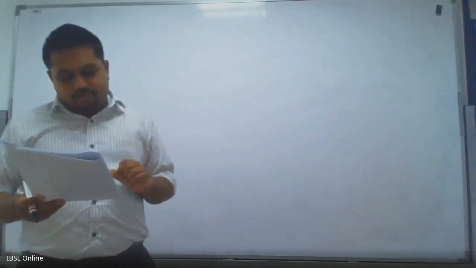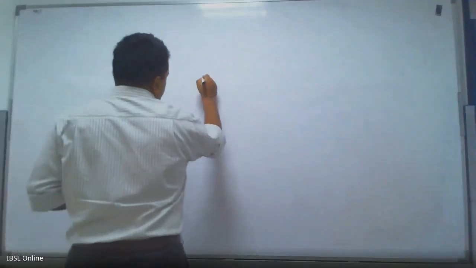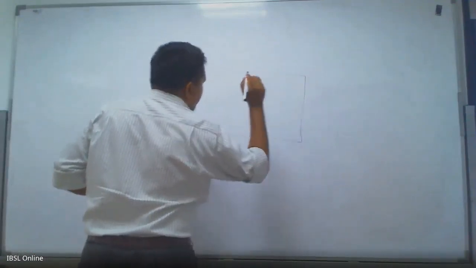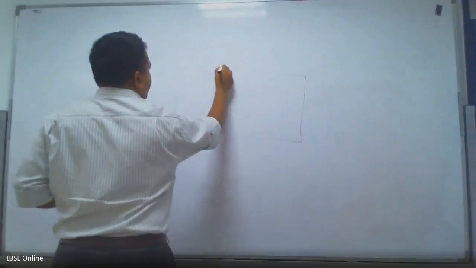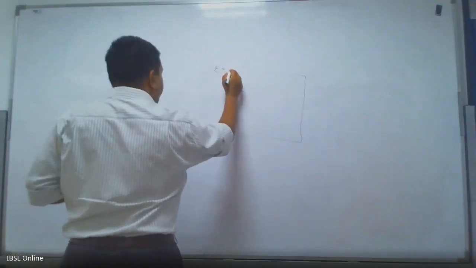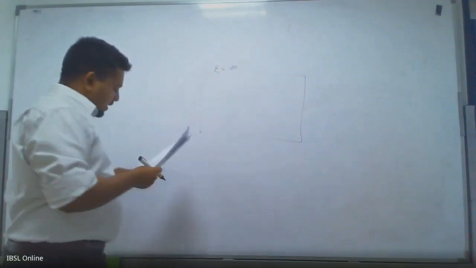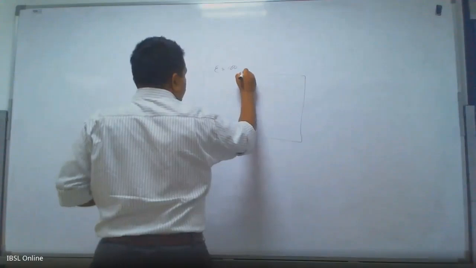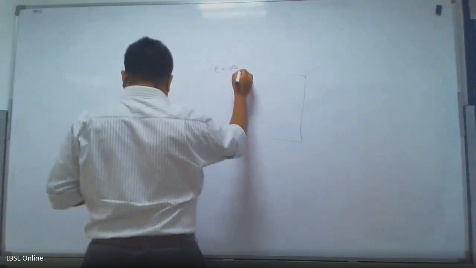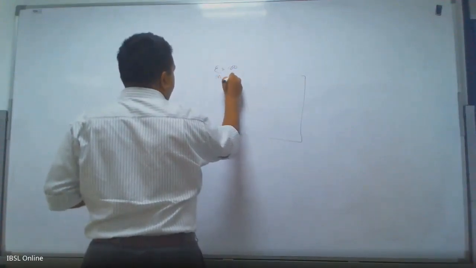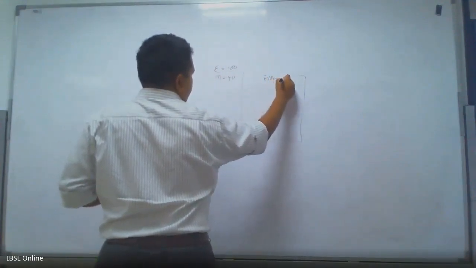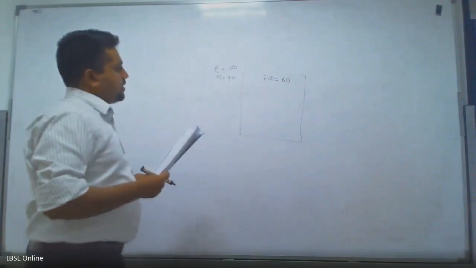So in this case, I will use a small Venn diagram to elaborate the case. The total population is 100. The question has said 40 are male. So from that, I'm going to make a conclusion. Male should be 40 in this particular side, and female should be 60 in that particular side.